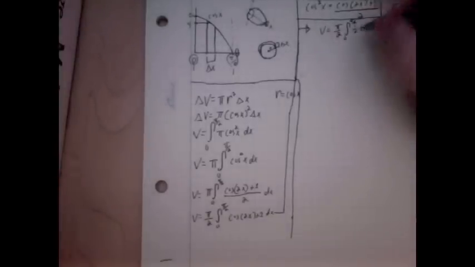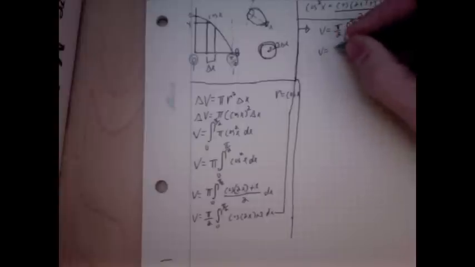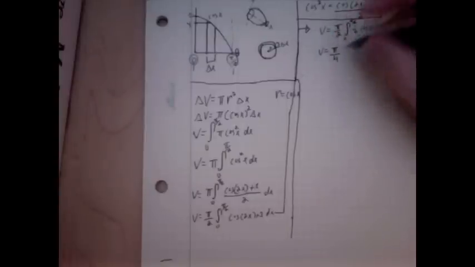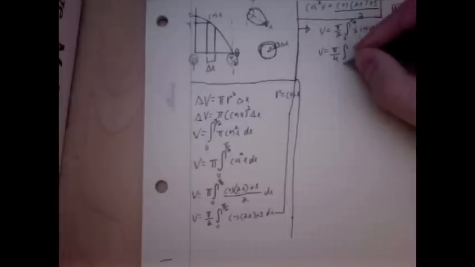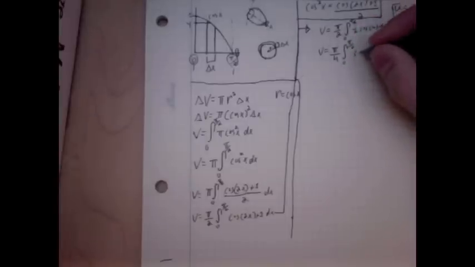So then V is equal to pi over 4. Just pull the 1/2 out of there, integrating from 0 to pi over 2 the cosine of u plus 1 du. Well, that's easy.